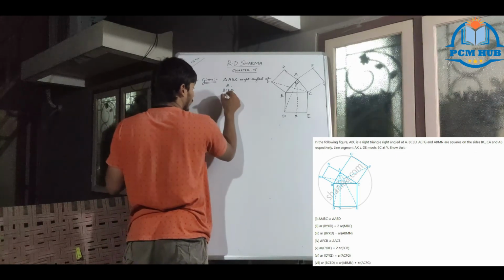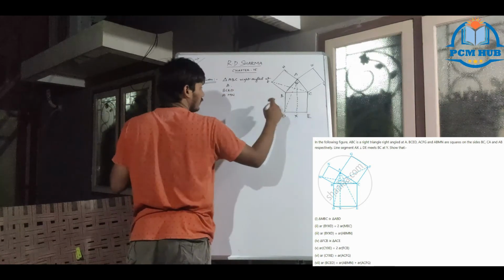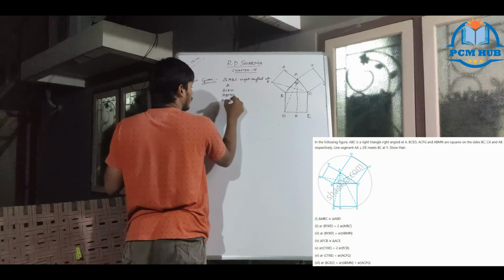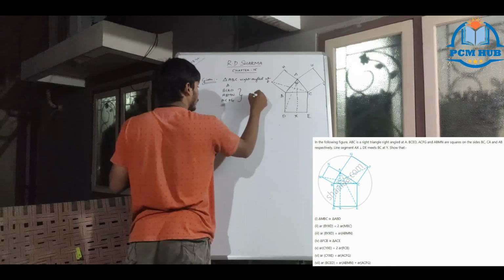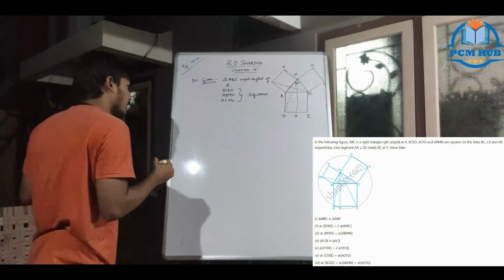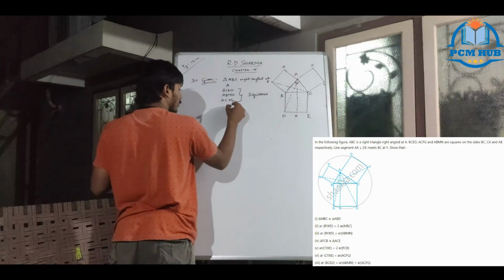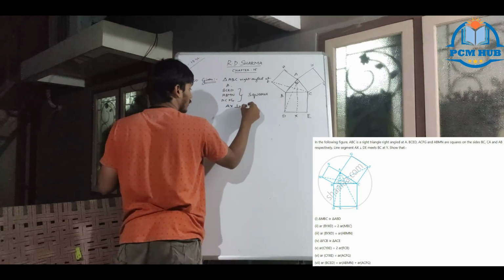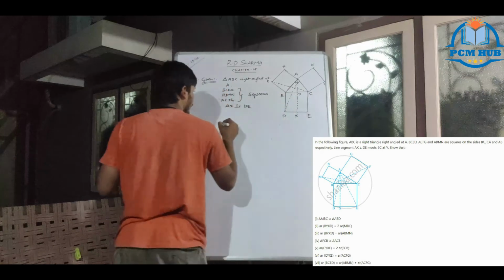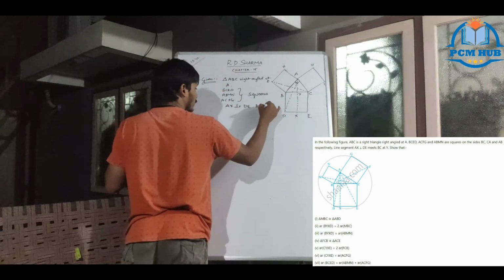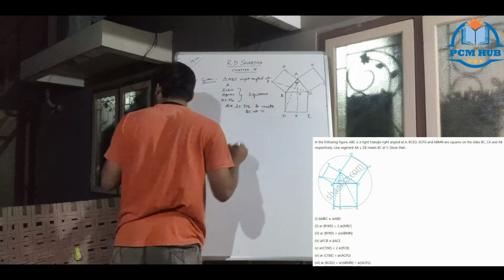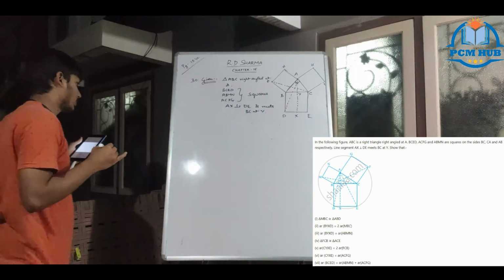All three are squares. And line segment AX is perpendicular to DE, meets BC at Y. This is what is given in the question. Nothing else is given besides this.